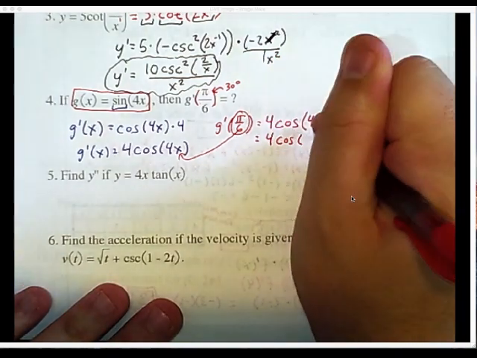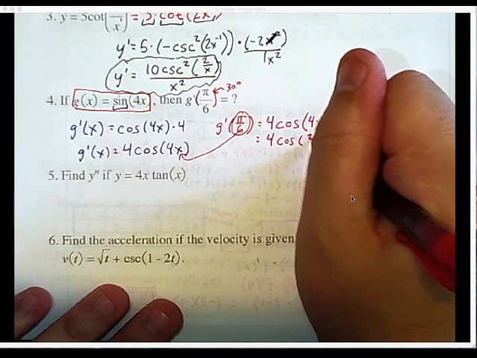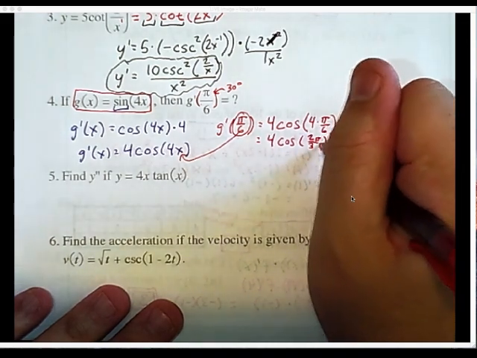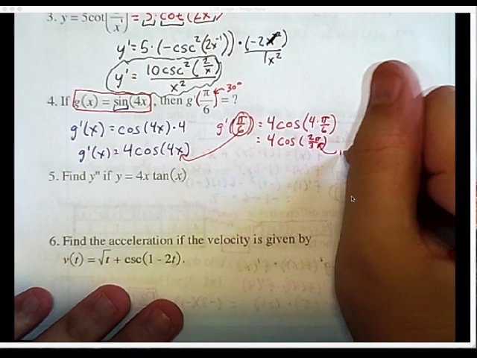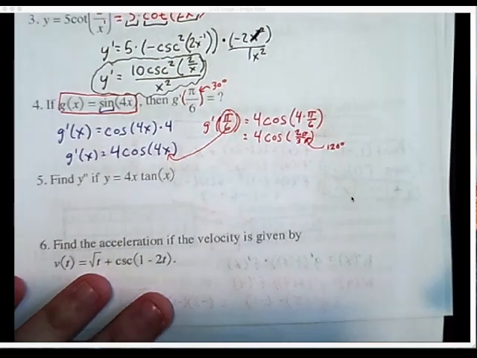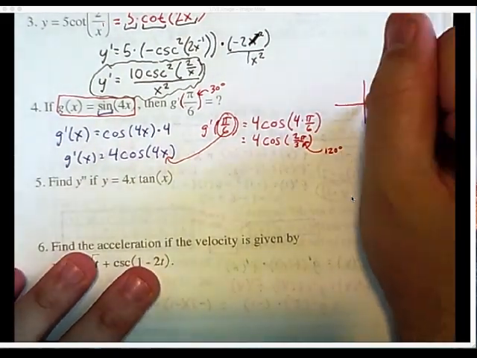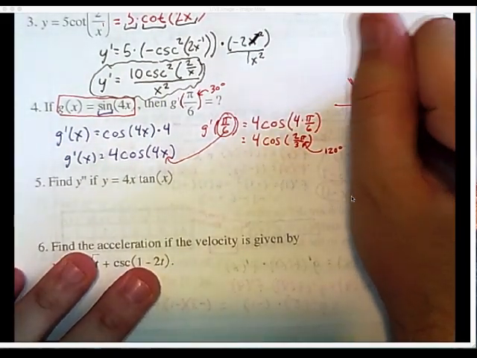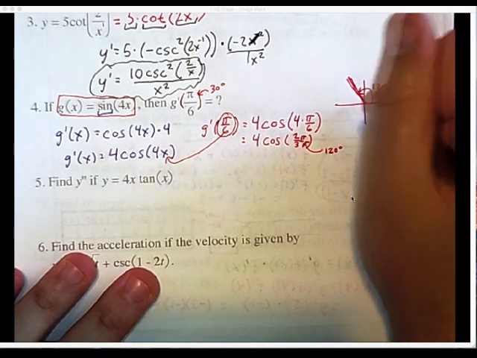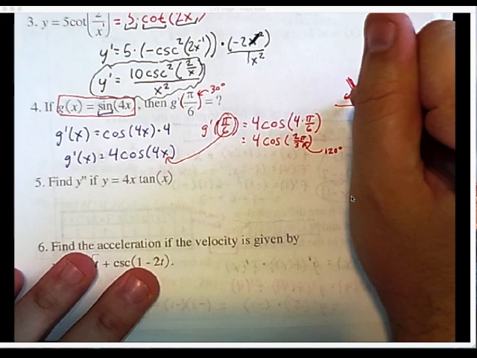You can reduce 4 over 6 into 2 over 3. 2 pi over 3. And what's 2 pi over 3? Well, it's 2/3 of pi. Pi is 180, so that's 120 degrees. So if you think about your unit circle, okay, there's 120 degrees. It makes a 60-degree reference angle.